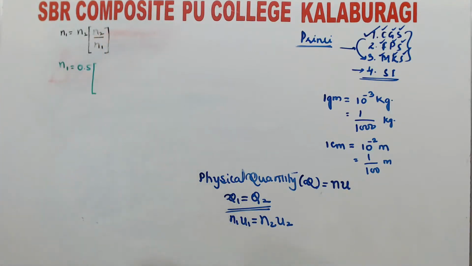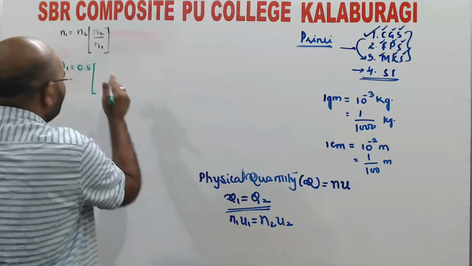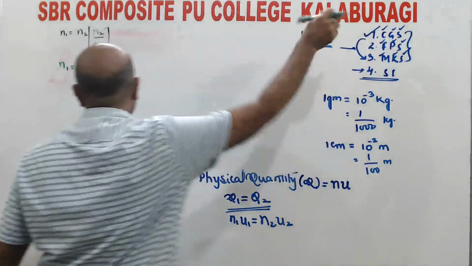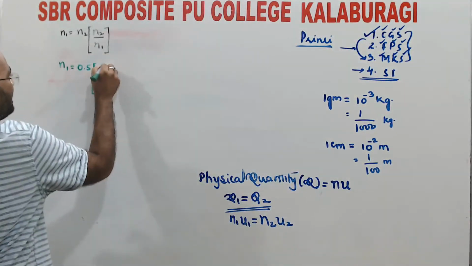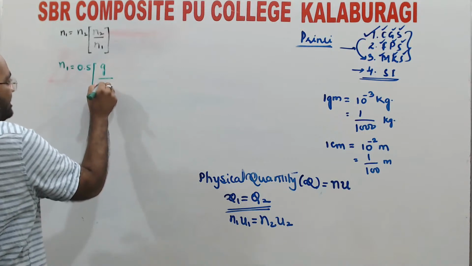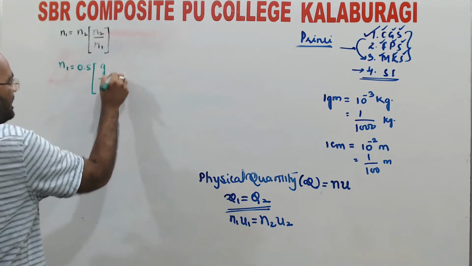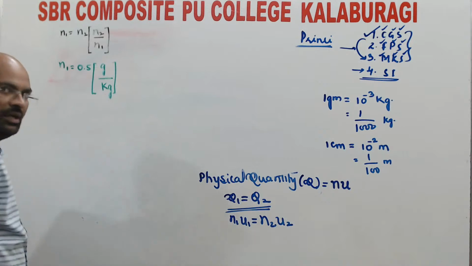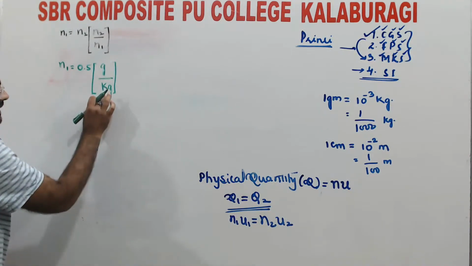N2 is the corresponding quantity which has been given. This quantity is given in terms of gram, that is the first system, centimeter gram. So this is gram divided by kilogram, into gram divided by kilogram.